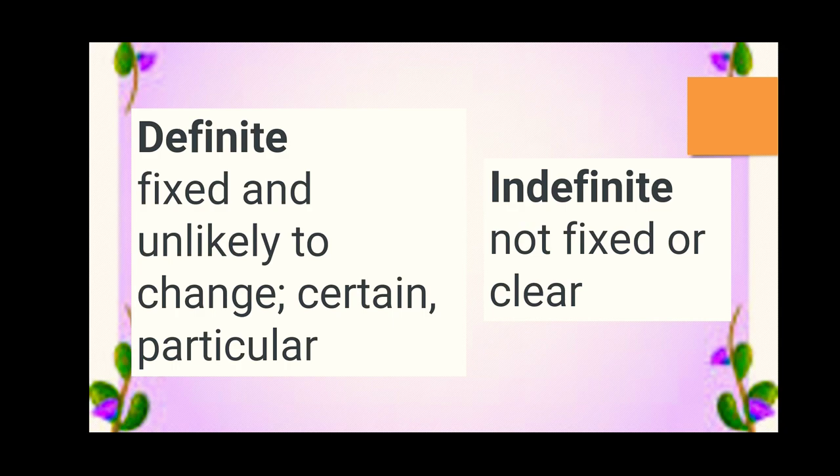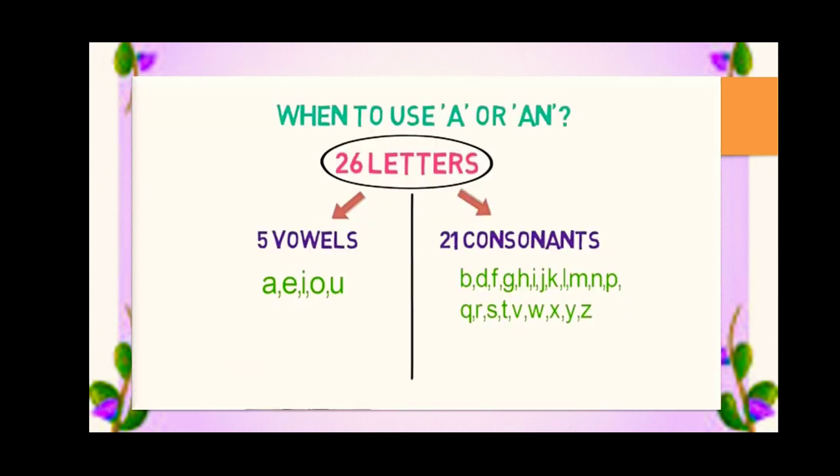Definite means fixed and unlikely to change, certain or particular, whereas indefinite means not fixed or clear, something that is not particular. So first we must talk about the indefinite articles, in which we have a and an.